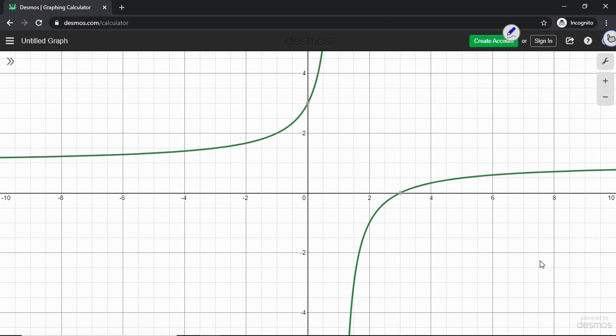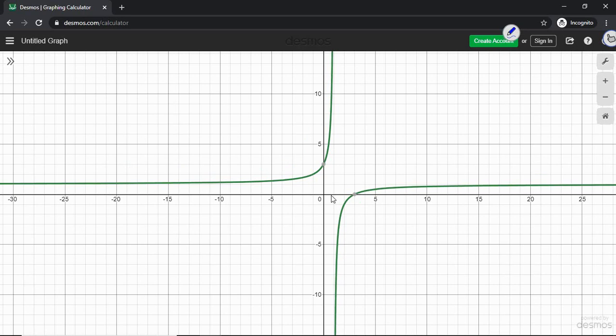So here's an example of a function that has both an infinite discontinuity and a removable discontinuity. The infinite one you can kind of see, okay, it's going to happen somewhere around here, although it's not super obvious from the picture where it is. It ends up being at x equals 1.